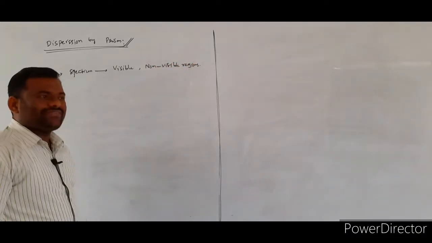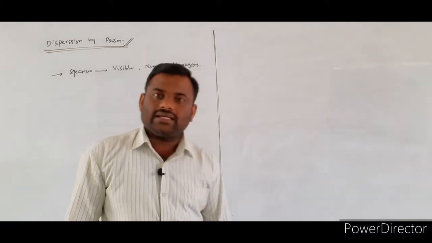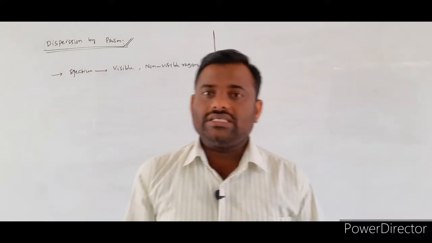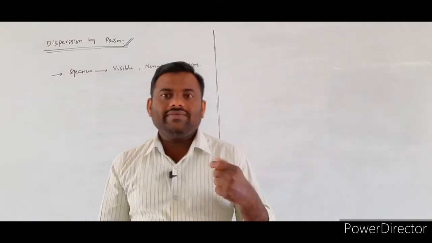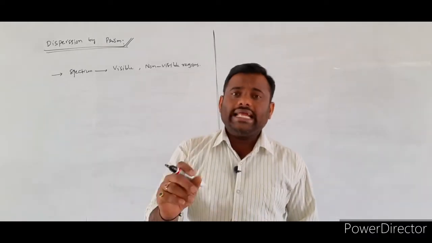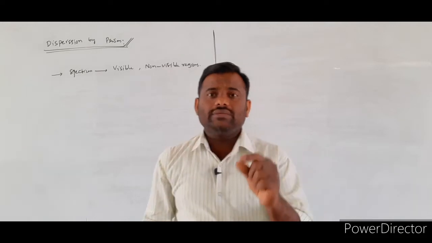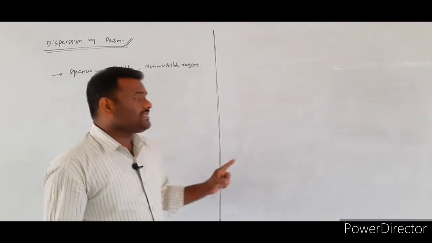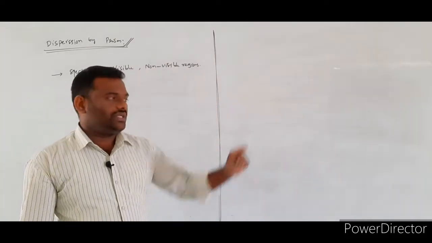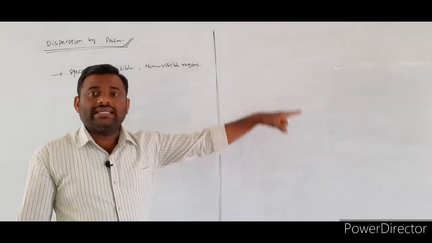But in most of the cases, we are taking the spectrum which was present within the visible region, since already we discussed in the electromagnetic wave that light belongs to the visible region. So whatever the spectrum we got in the case of the dispersion, that is VIBGYOR, 7 different colors of the light.